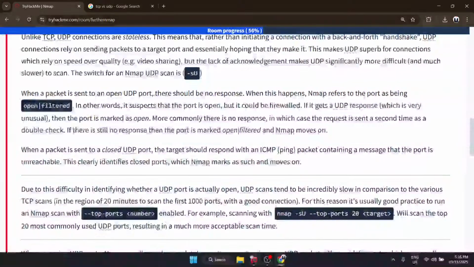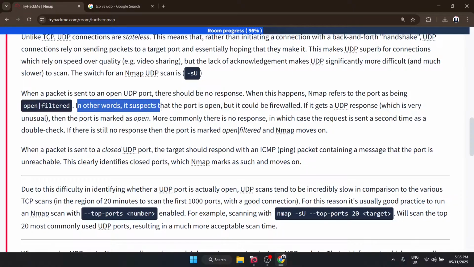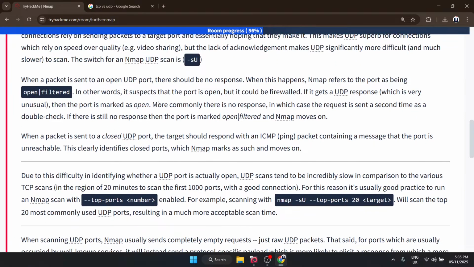When a packet is sent to an open UDP port, there should be no response. When this happens, Nmap refers to the port as open|filtered. In other words, it suspects that the port is open, but it could be firewalled as well. If it gets a UDP response, which is very unusual, then the port is marked as open.